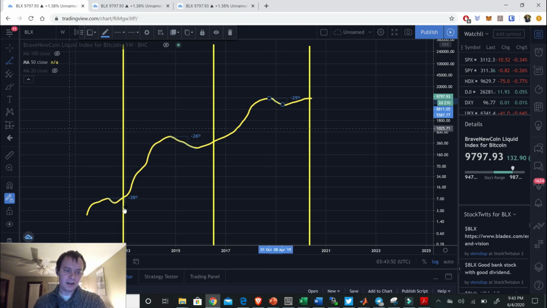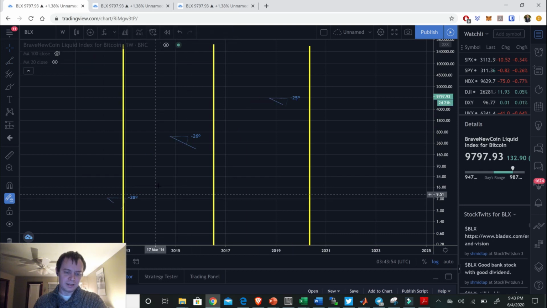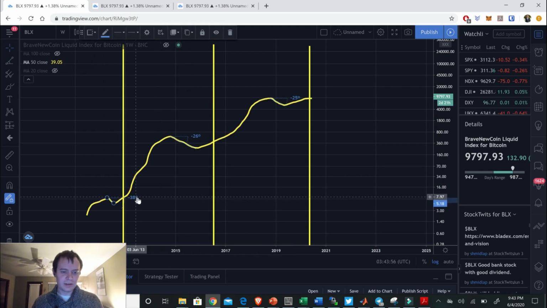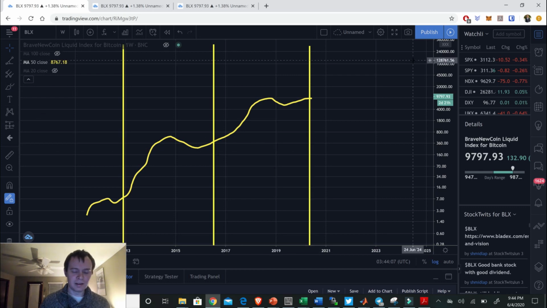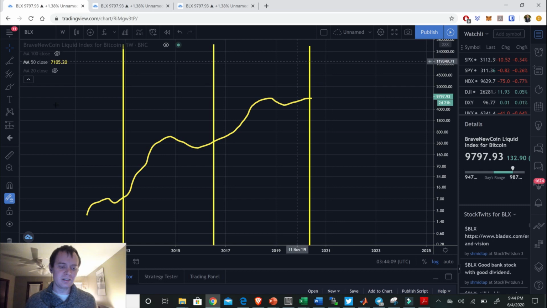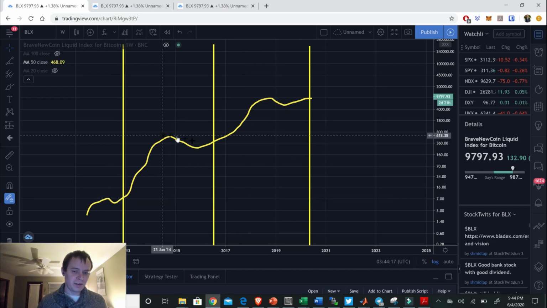Now, I think what's more interesting though is we're going to take a look here at the trend angles, but the ones that move up. And I think it provides some perspective into projecting the next peak. Because this bear market was fairly similar to this one, but the rate at which we move up from this bear market was vastly different than the one that came after.